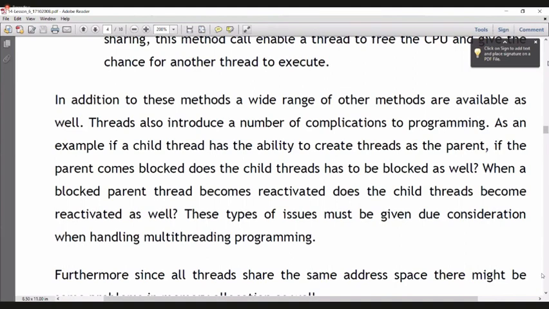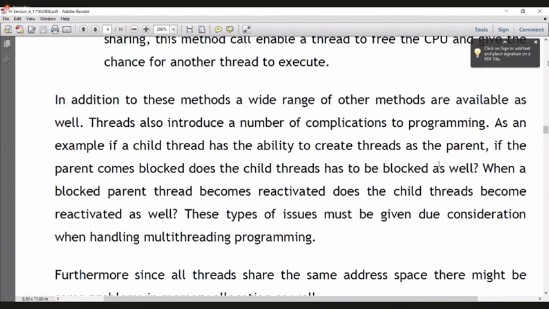As an example, if a child thread has the ability to create threads as the parent, then what will happen? If the parent becomes blocked, do the child threads have to be blocked as well? So while executing, if the parent thread is blocked, do you have to block the child thread?